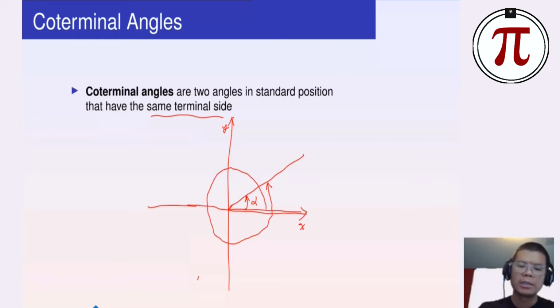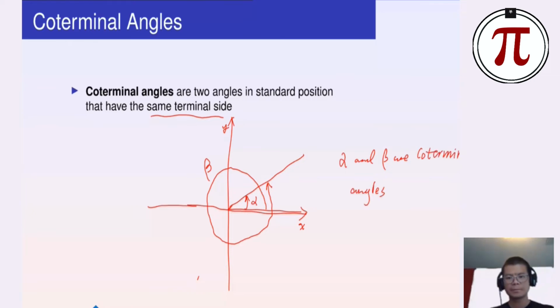Say this is beta. Now you can see that alpha and beta end up at exactly the same terminal sides. In this case, we say they are coterminal angles. Right here, alpha and beta are coterminal angles.